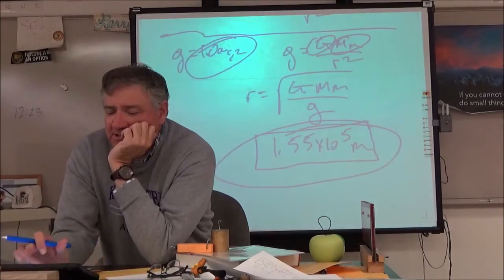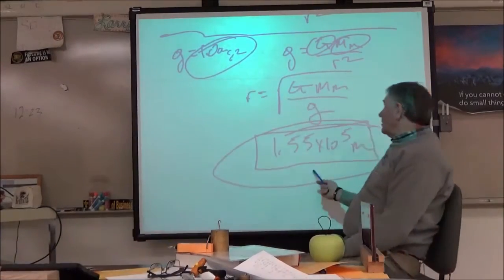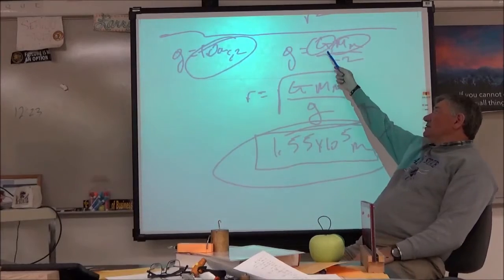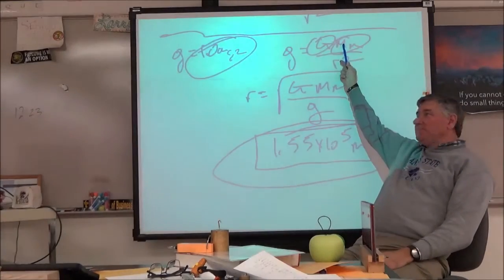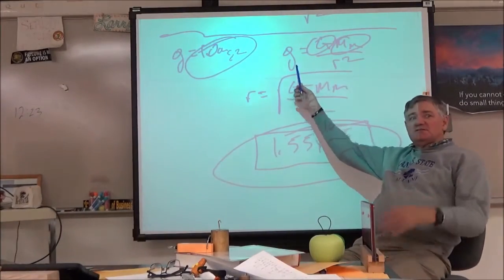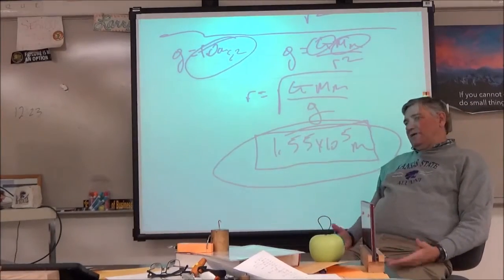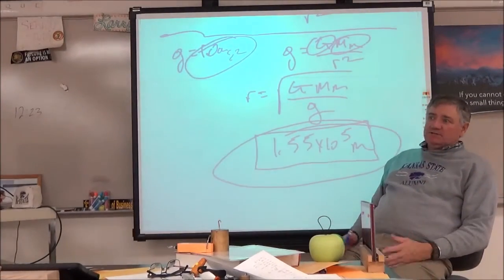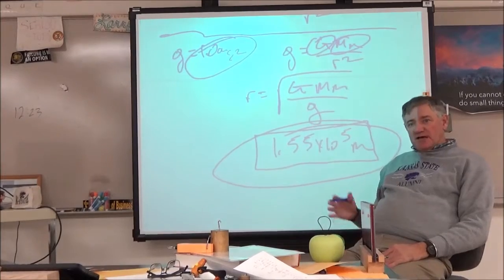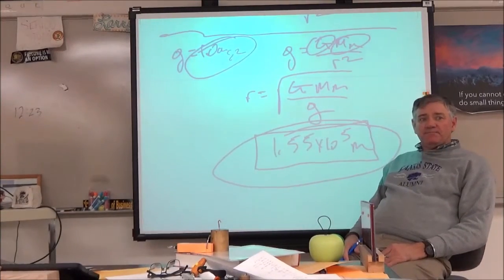Well, you could go back up to this equation and plug in that radius, big G, plug in the mass of the moon, recalculate little g, and see if I get 1 meter per second squared. If I do, hey, it's cool. If I don't, it's been a train wreck. So that's how you can check that the answer is right.